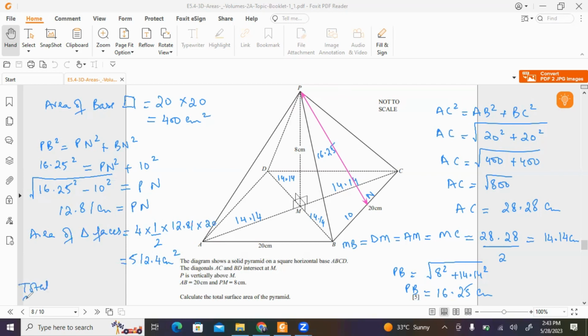Total surface area is going to be 400 plus 512.4, which equals 912.4 centimeters squared. Yeah, it's a sort of lengthy calculation, but you have to find all of the missing lengths first in order to be able to find the area of the triangle.